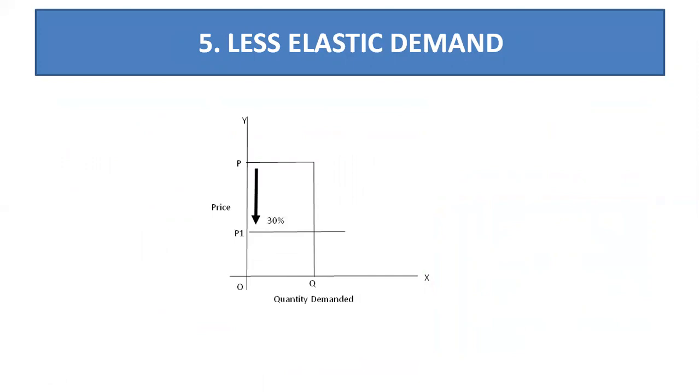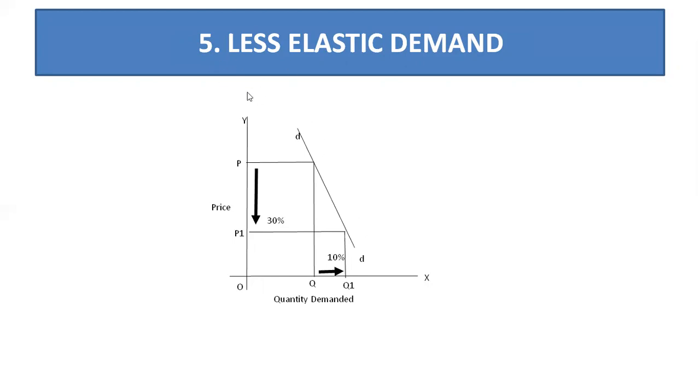Now when the price decreases from P to P1 by 30%, we see that the quantity increases from OQ to OQ1 by 10%. Now we'll draw a demand curve. Now this demand curve has a steeper slope, which suggests that demand is less elastic or relatively inelastic.